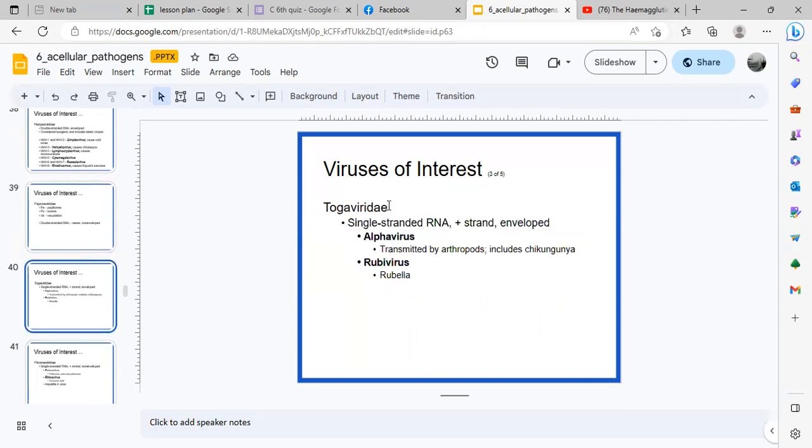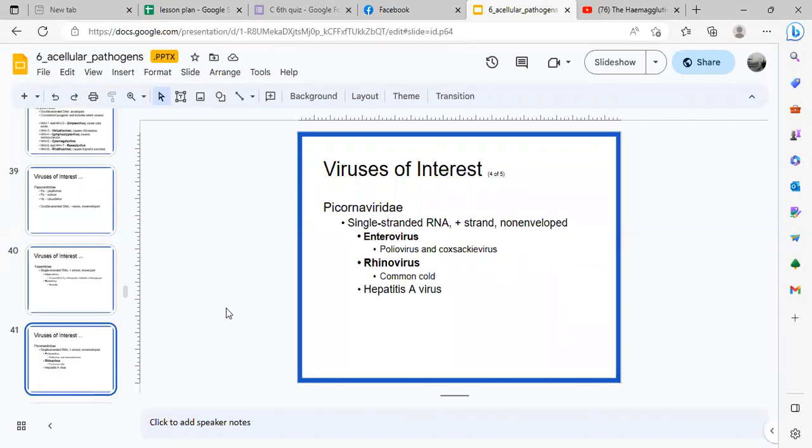So under this family, you have the alpha virus and the rubivirus. You have the rubella caused by rubivirus, alpha virus transmitted by arthropods. Under Picornaviridae, you have the enterovirus. So it's a poliovirus and Coxsackie virus. Yung rhinovirus, it's what causes the common cold. You also have hepatitis A.